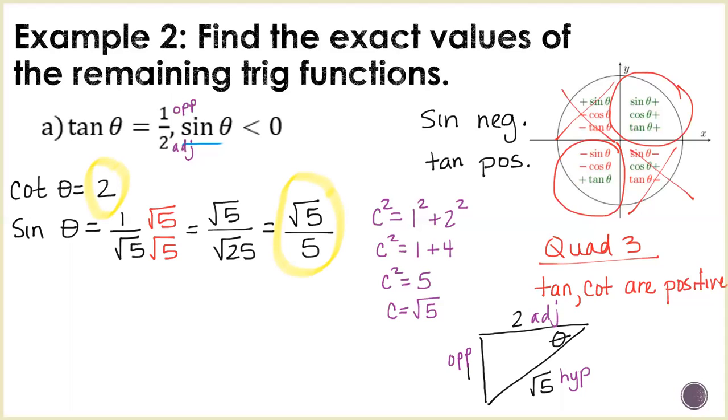The sister for sine is cosecant. So cosecant of theta is the reciprocal of sine, or hypotenuse over opposite, which means you have root 5 over 1. Or you could just say root 5.